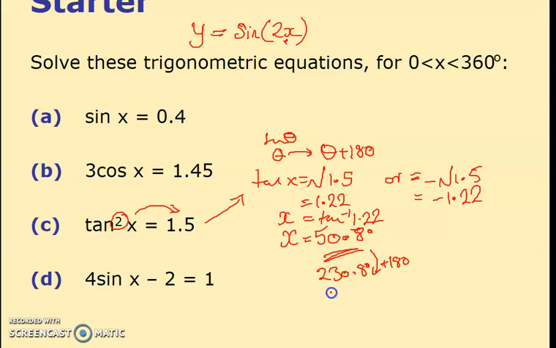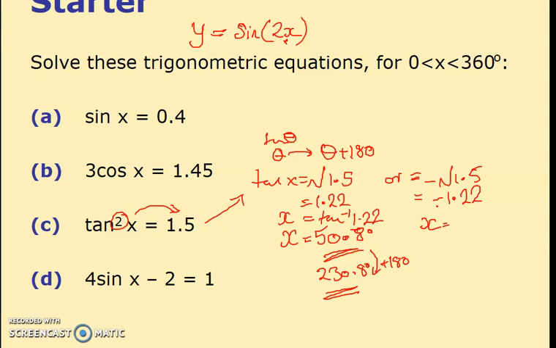So we've got two solutions here, but over here, because square rooting can be a plus or a minus, we've potentially got more solutions. So I do the inverse tan of minus 1.22.